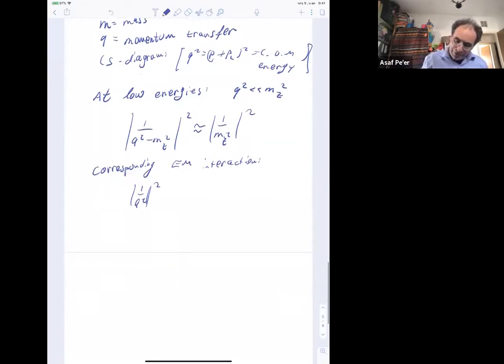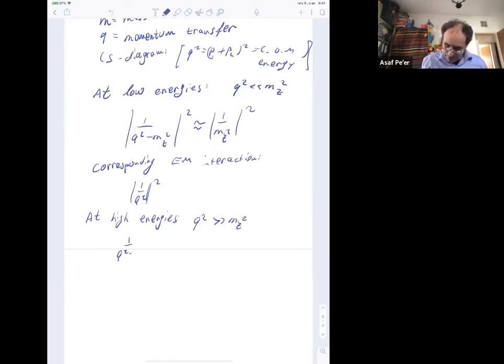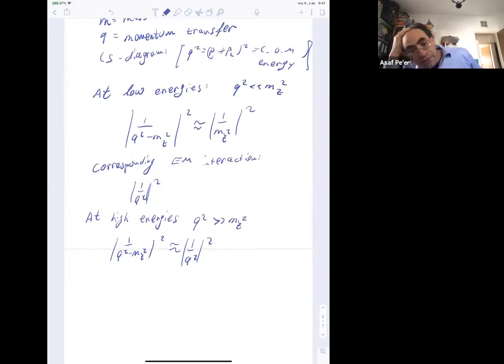But of course, at high energies, Q squared is much greater than mZ squared. Then 1 over (q squared minus mZ squared) is 1 over q squared, and the mass of the boson becomes irrelevant.